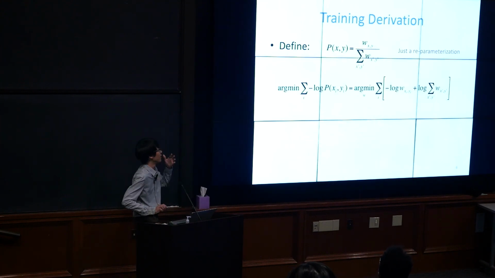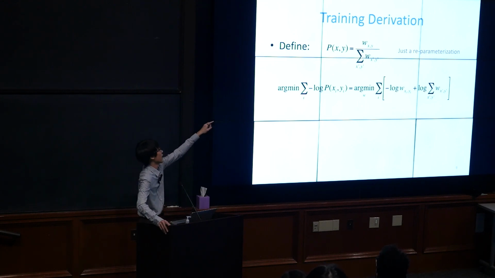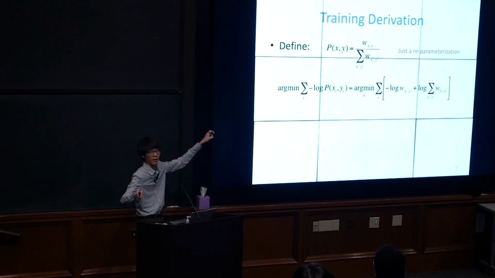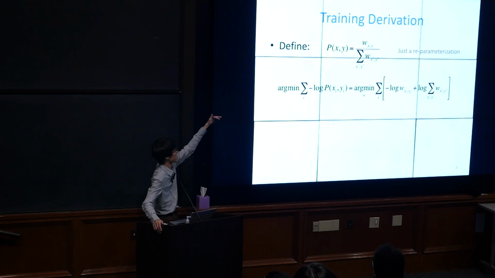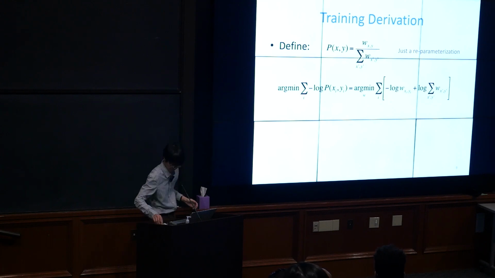So if we reparameterize that lookup table as that equation up there, where W is just weights, like examples in your lookup table, we're doing that out of convenience. We can actually prove this without the reparameterization, but doing this makes our lives a lot easier. So we're going to redefine that model, which is our joint distribution, as that equation up top.